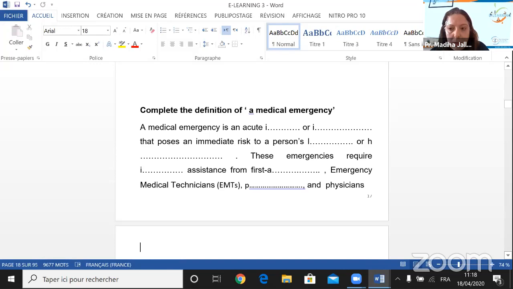What do you think? The paramedics are more qualified, but both are trained. They have university certificates, and they can respond to medical emergencies. And of course, the most knowledgeable, the most qualified is the physician. Okay, let's see now the answers.